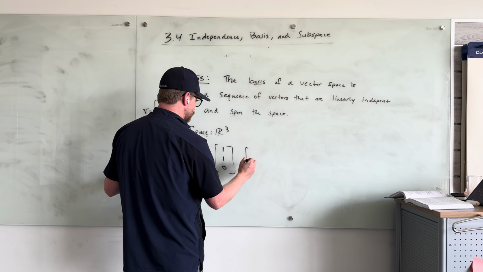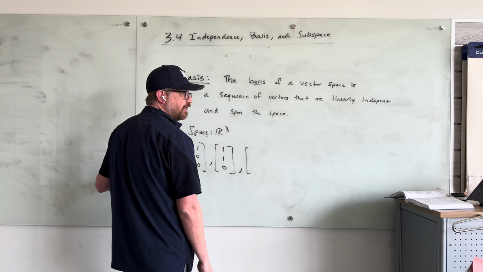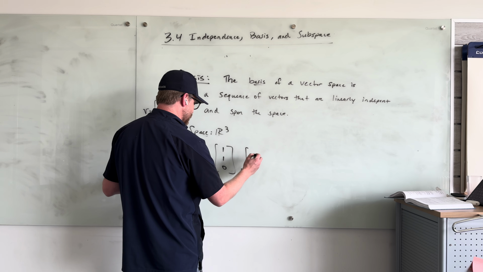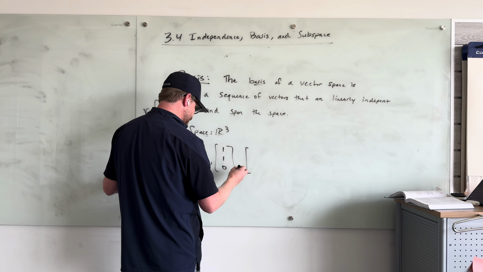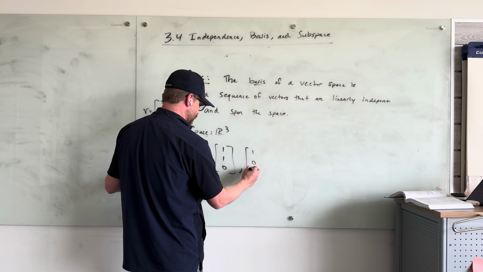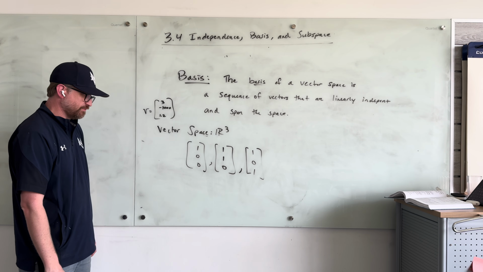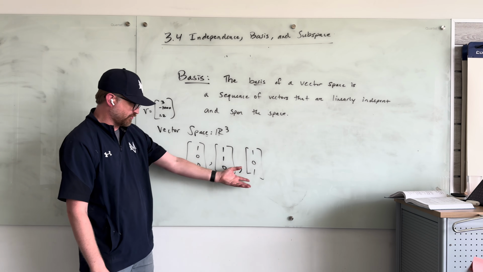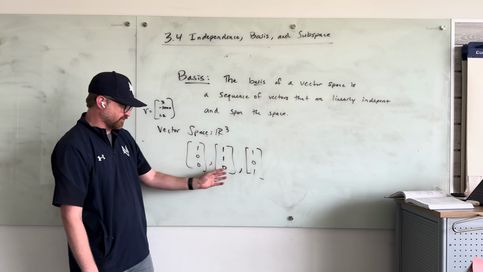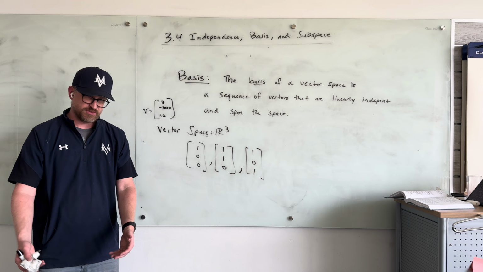And for this last one, and here we've got to be careful, what if we did something like 1, 0, 1? Notice it's upper triangular, and these 3 vectors are different. They're linearly independent, at least I hope so.